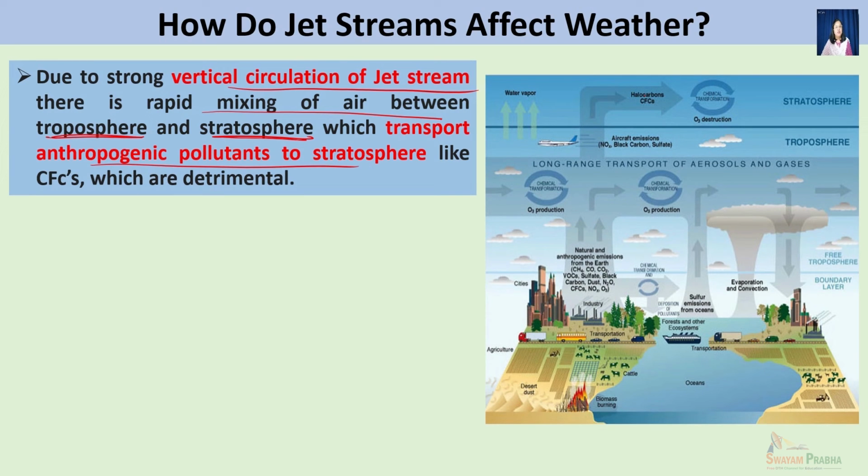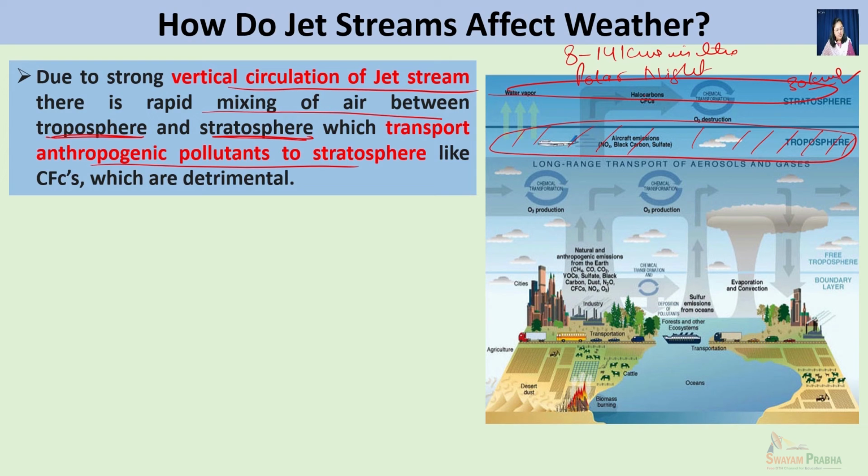As we know, we have two permanently blowing jet streams, the polar jet stream and the subtropical westerly jet stream, which blow somewhere at the height of 8 to 14 kilometers in the troposphere. Somewhere here both these jet streams are active, and we have another jet stream called the polar night jet stream, which blows at a height of somewhere around 30 kilometers above the Earth's surface.